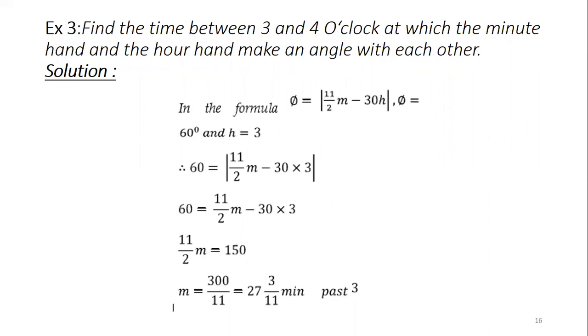So the left hand side angle is equal to 60, and the hour is 3 o'clock, because between 3 o'clock and 4 o'clock means H is 3. So now H is fixed, that is 3, and we need to find only the minutes. Applying the formula, the minute is 27 3 by 11 minutes past 3 o'clock. So at 27 3 by 11 minutes past 3 o'clock, the minute hand and hour hand will make an angle of 60 degrees. Thank you.